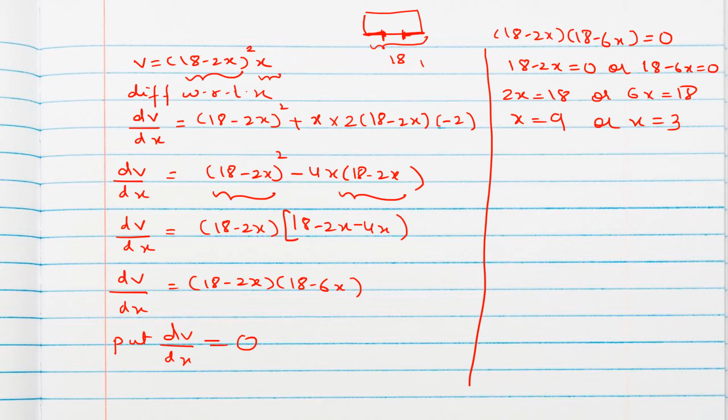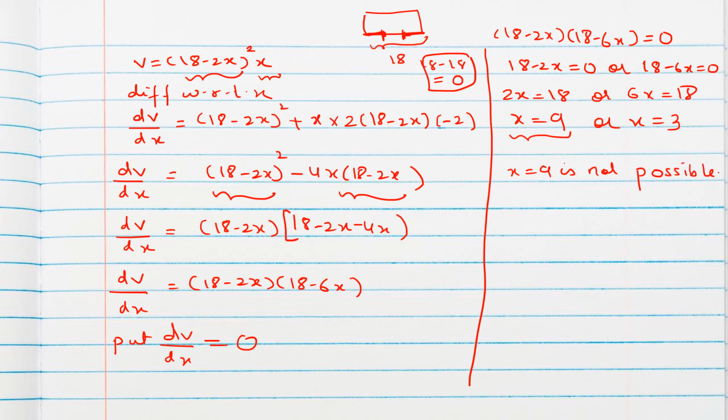Okay, so 18 minus 18 means length of the box becoming 0. So that is not possible. The box should have some length. Okay, so x equal to 3 will be the answer. So x equal to 9 is not possible.